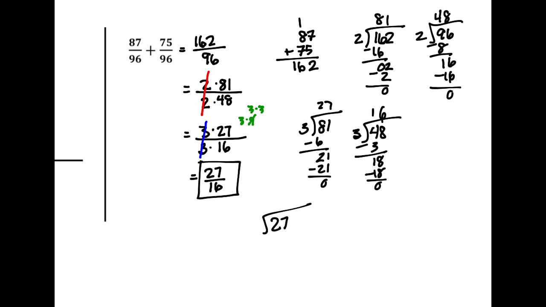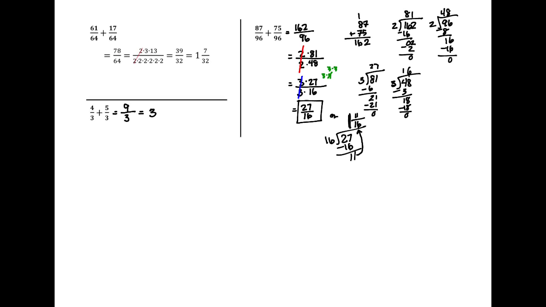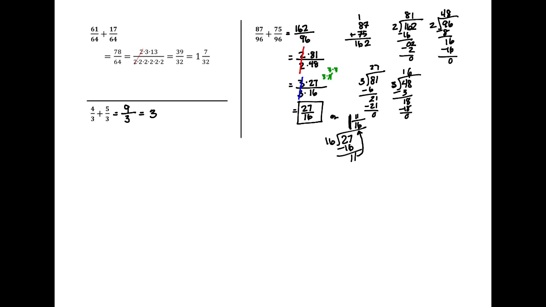If you do that, it looks like this. So your answer is 1, and then the remainder comes up over the denominator that doesn't change, 1 and 11/16. Make certain you have scratch paper handy on some of these, right?